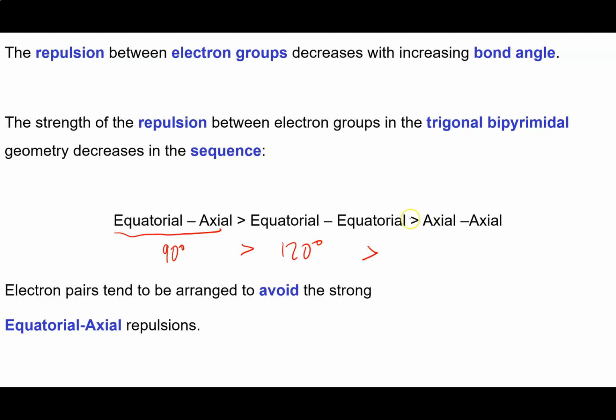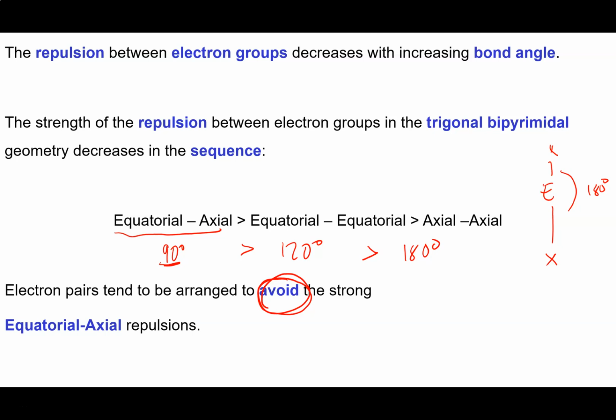And the weakest repulsion is between those two that are above and below the equatorial plane, the axial groups, so the axial repulsion, because the bond angle between those is 180 degrees. So what's going to happen is that electron pairs tend to be arranged in order to reduce the number of equatorial axial repulsions.